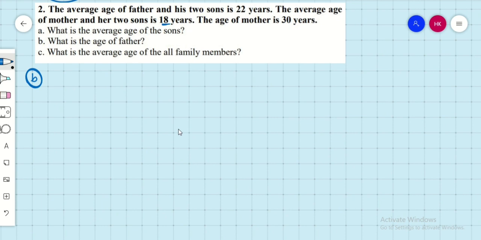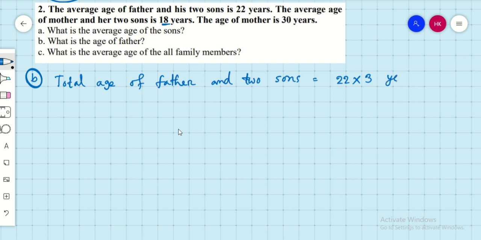So at first we can write total age of father and two sons is equal to 22 times 3. Why 22 times 3? Because the average age is 22. Father and two sons, average age is 22, and there are 3 persons. So 22 times 3 will be 66 years.